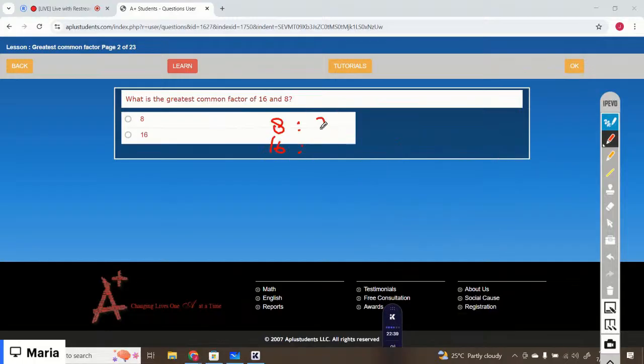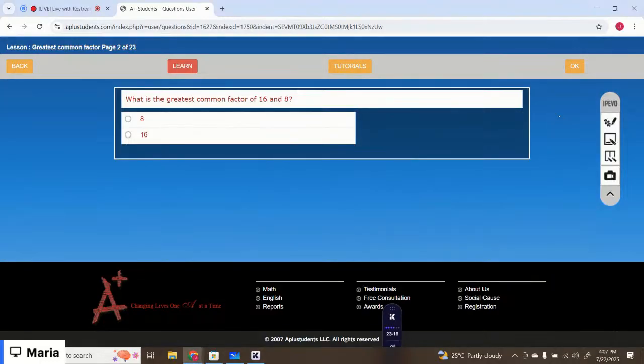The prime factors of 8 are 2 times 2 times 2 and the prime factors of 16 are 2 times 2 times 2 times 2. So these are the common pairs. So the greatest common factor is 2 times 2 times 2. 2 times 2 is 4 and 4 times 2 is 8. Option number 1 is the correct option. The GCF is 8.